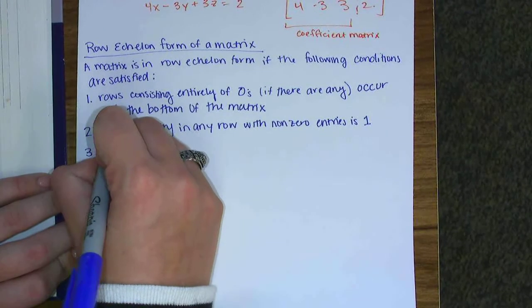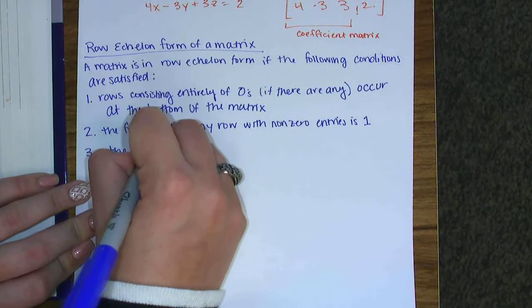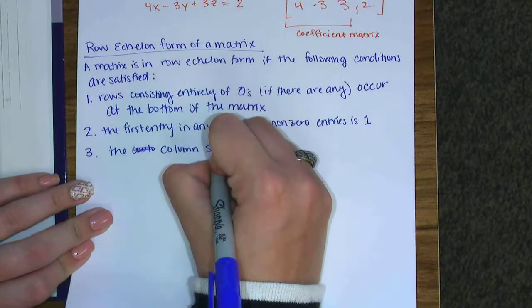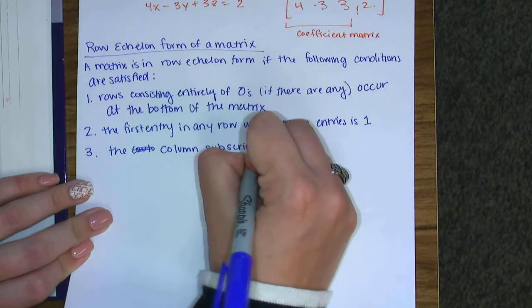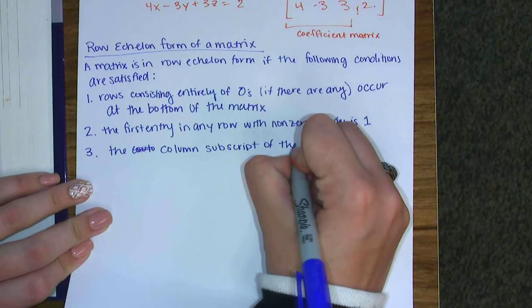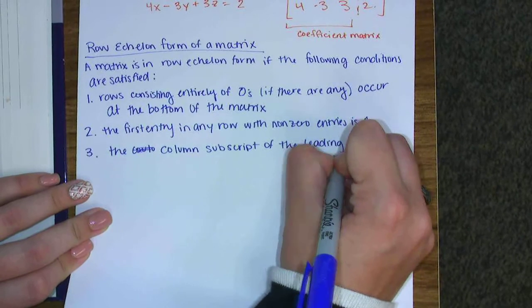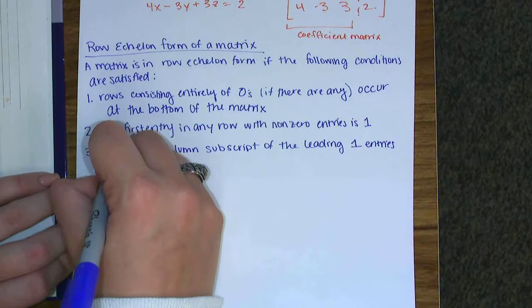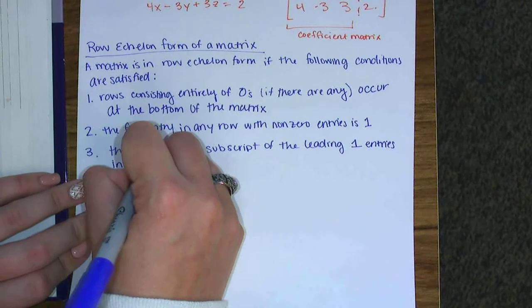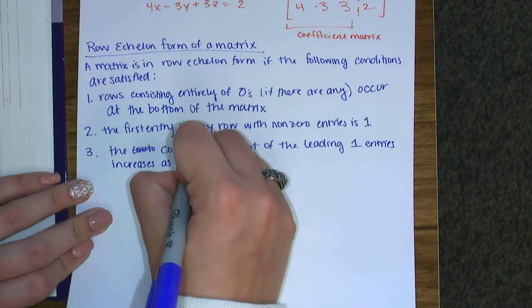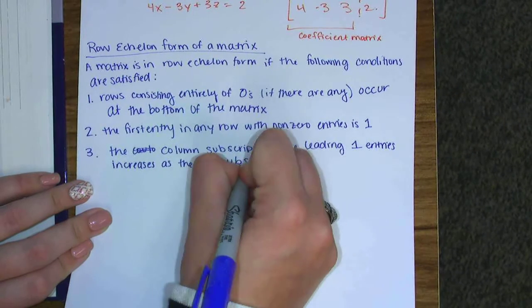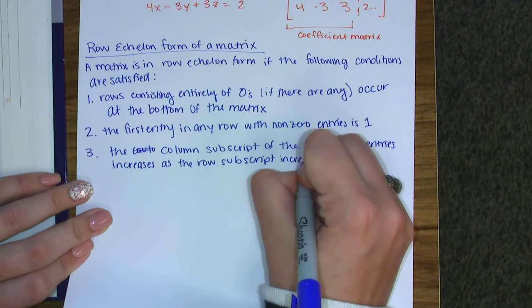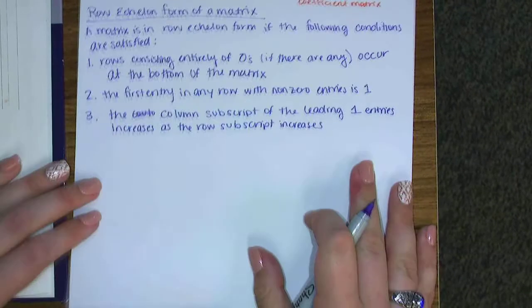And then lastly, the column subscript of the leading 1 entries increases as the row subscript increases. Alright, so that's row echelon form.